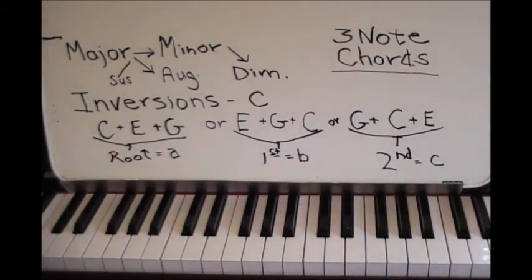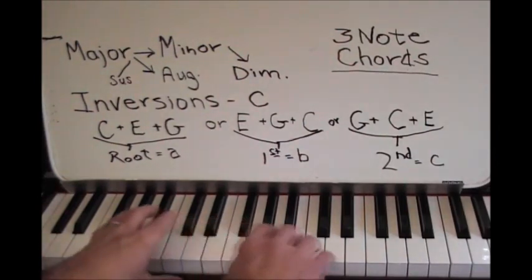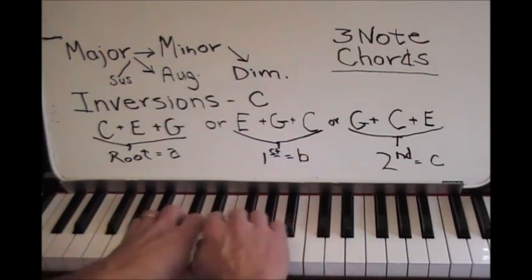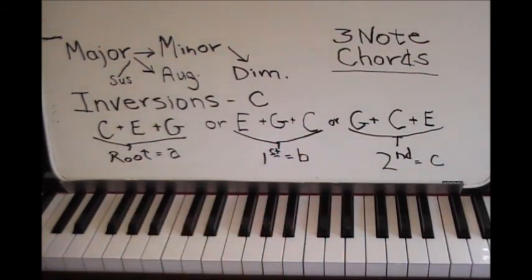And you'll find that as you're playing, if you don't use inversions, there's going to be clashes between your left and right hands when they meet in the middle. Another use for inversions, it's used by the songwriter a lot of times to keep a certain note, often the melody note, as the root note in the bass.